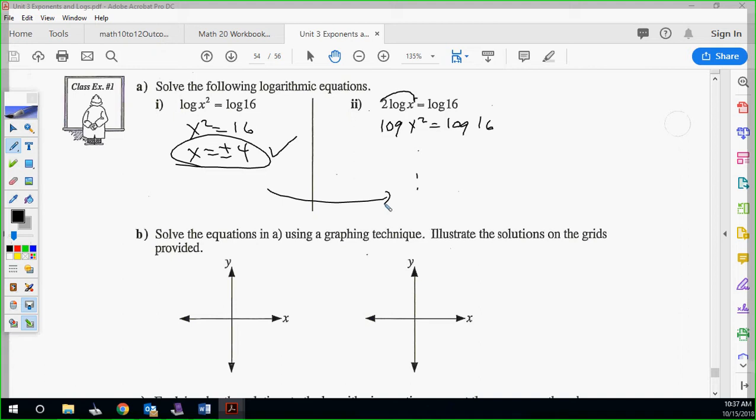But when you do it this way, what changes? So we know we're going to get plus or minus 4, right? But this one's original. Can I put a negative 4 there? No, I can't, right? In that current state, because it's log of a negative argument. So this one, the negative 4, doesn't work in this form when it's set up like this.